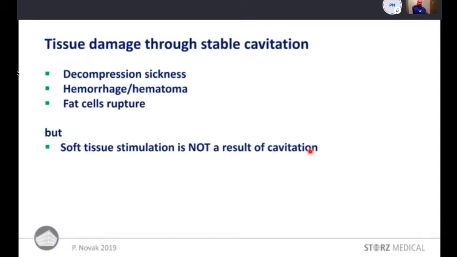Cavitation always results in some destruction of the stone, of the tissue, of the microvessels, or tissue at all. Thank you for the attention.